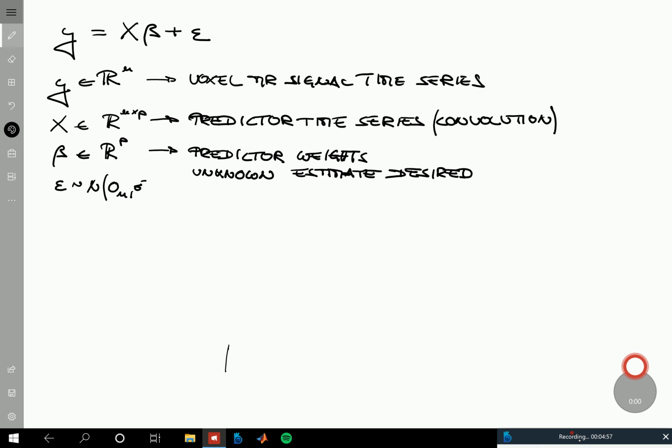That's important, and for what we're doing now, it has a spherical covariance matrix, meaning it's the identity matrix multiplied by a sigma parameter, which is the variance parameter of the GLM or noise parameter. And this parameter is also, of course, unknown, and it needs to be estimated.